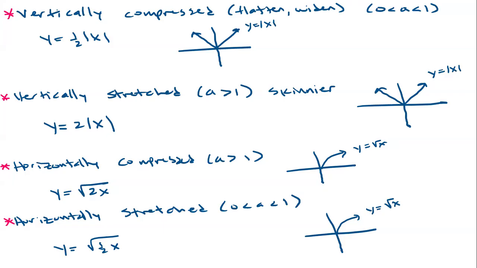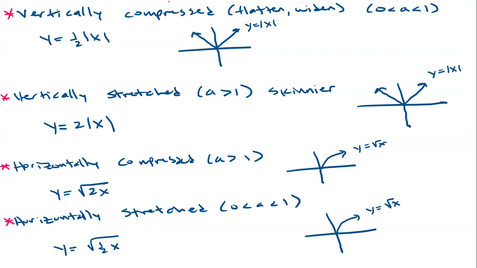Okay. So now the next one we're talking about is vertically compressed and vertically stretched. So compressed: if we have, say, y equals the absolute value of x, and the number in front of the x is between 0 and 1, for example, 1 half of x, what's it going to do to the graph?